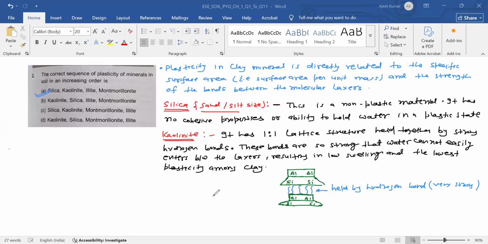It is commonly found in sedimentary and residual soils.